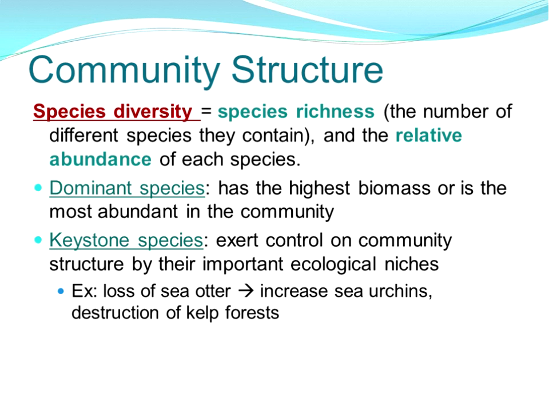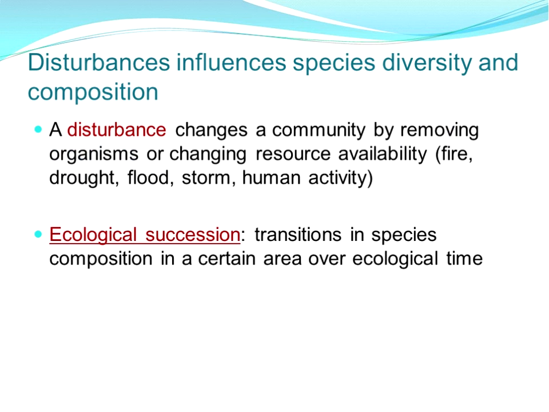The sea otter eats sea urchins, which will actually destroy kelp forests. So the sea otter is known as a keystone species because if something were to happen to that sea otter, it would cause a major catastrophe to the entire food web because of the destruction of that kelp forest, which would then lead to the elimination of other organisms in the ecosystem as well.